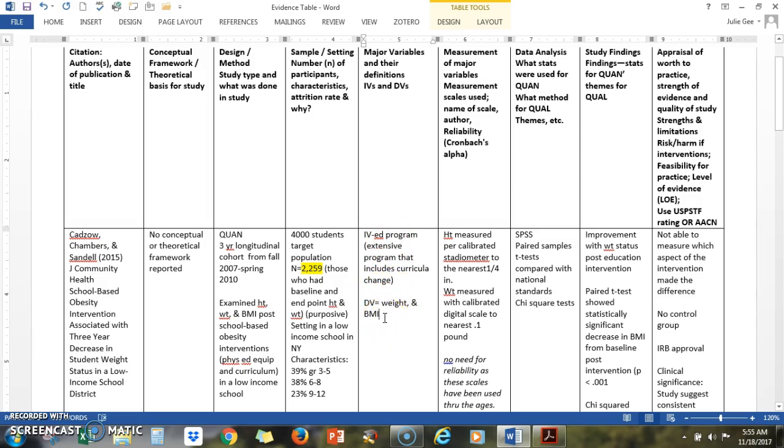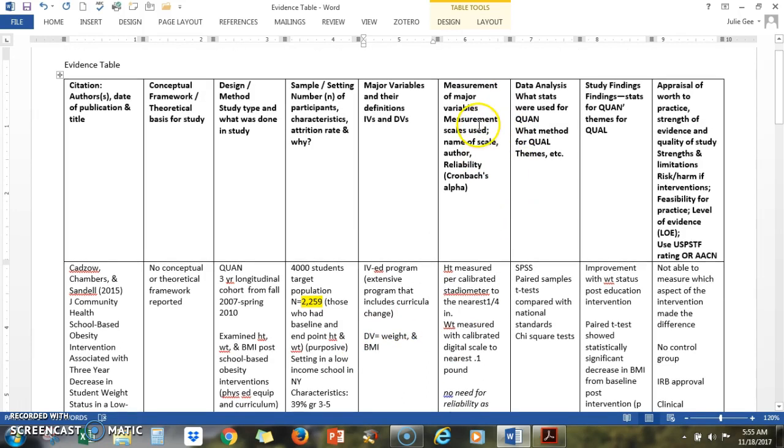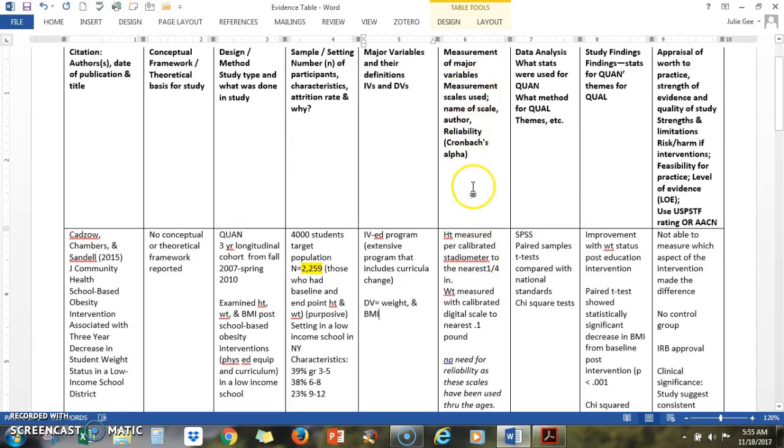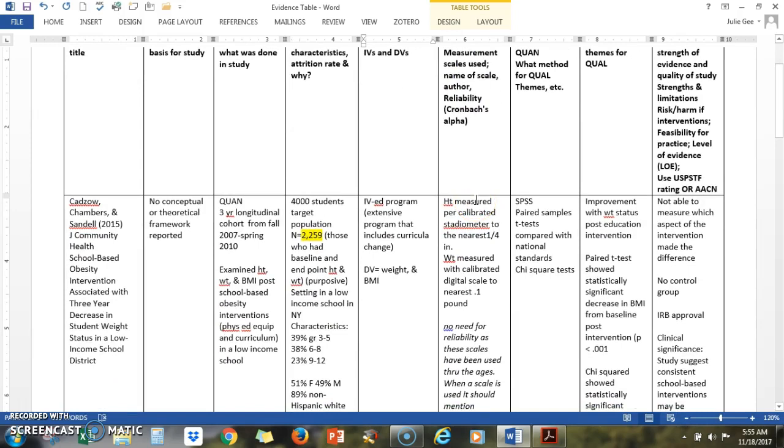Okay? Height is mentioned in there, and the reason height's there, remember, we do look at height as they grow as well, but it also is necessary for the calculation of the BMI. Okay, so the measurement of the major variables. So we know that these are our variables, and what we really want to look at is not so much the program, the independent variable here, but the height and the weight.